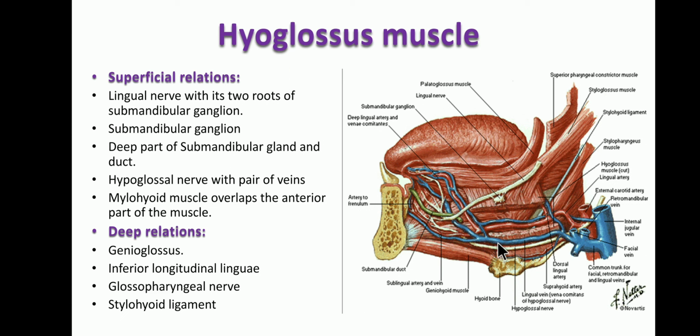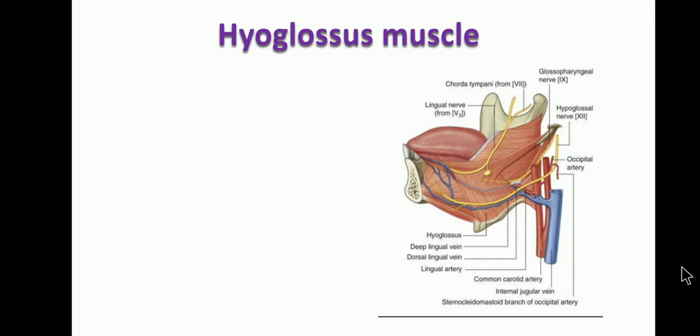All are deep to the hyoglossus muscle, part of which has been removed. So you see medially the genioglossus, middle constrictor, then the stylohyoid ligament, stylopharyngeus with the glossopharyngeal nerve, and the lingual artery. Those are the deep relations of the hyoglossus muscle.